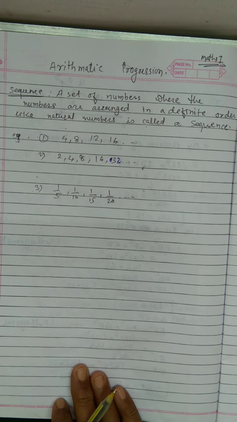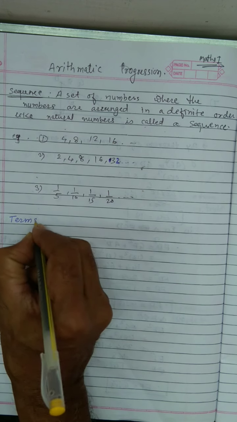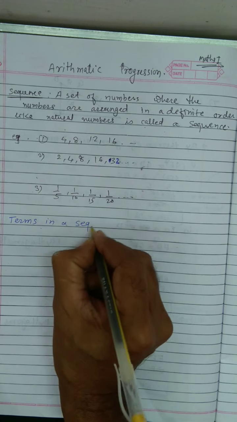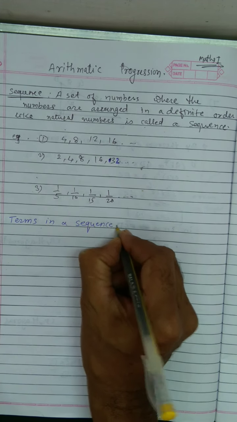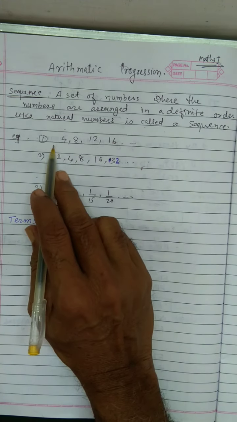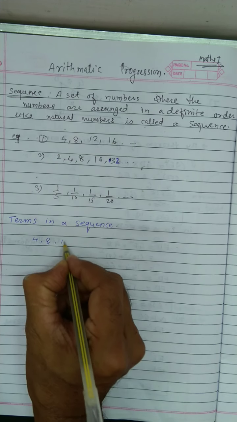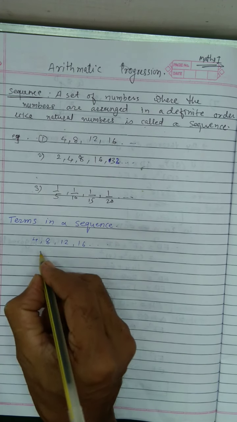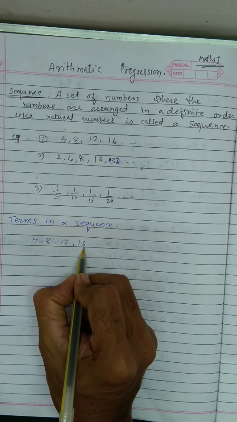Next, the terms in a sequence. What are the terms? We take the first example: 4, 8, 12, 16 and so on. Here 4 is the first term, 8 is the second, 12 is the third, 16 is the fourth and so on.